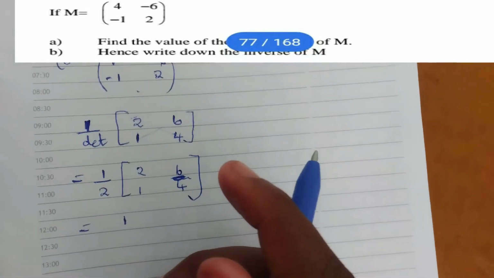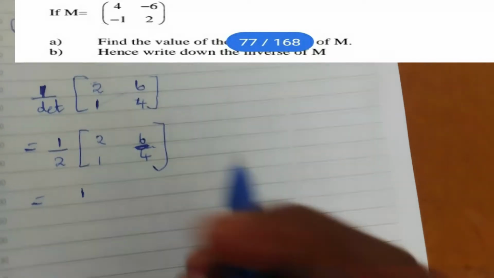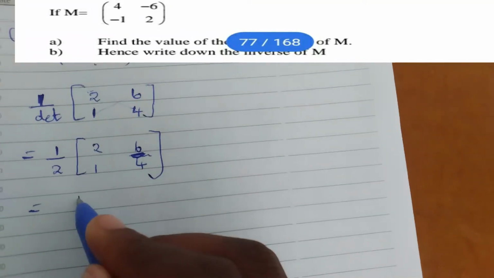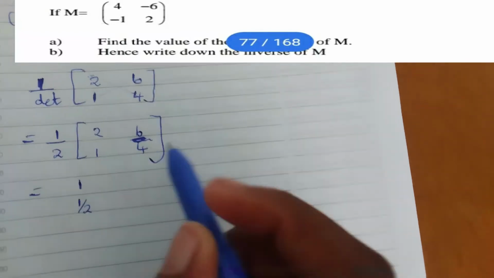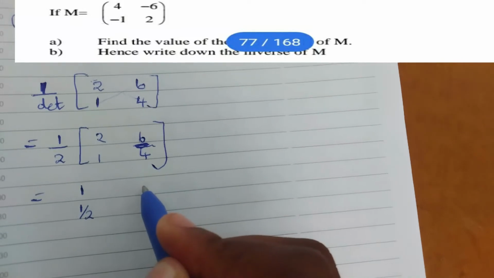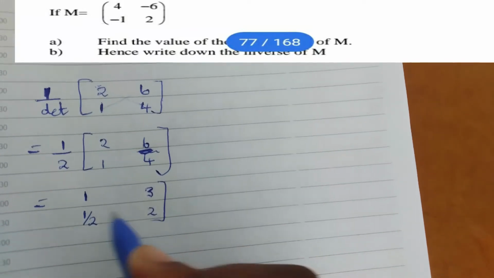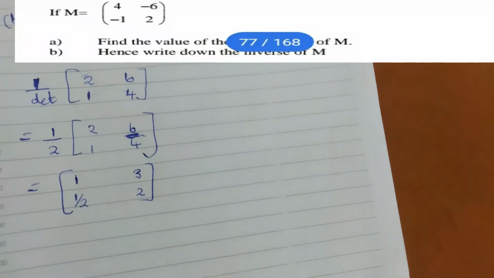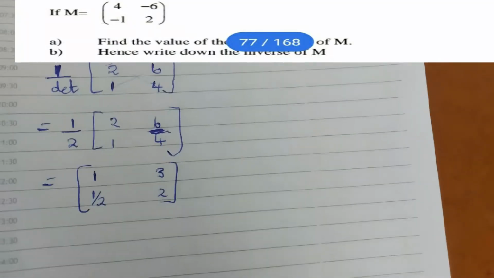We are going to get a 1 here, a half for that one, and we're going to get a 3 there and a 2.